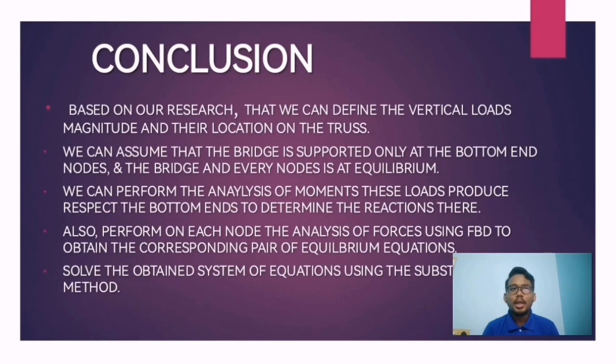Also, we can analyze the moment these loads produce with respect to the bottom end to determine the direction there, and then at the node we analyze forces using FBD to obtain the corresponding pair of equilibrium equations.